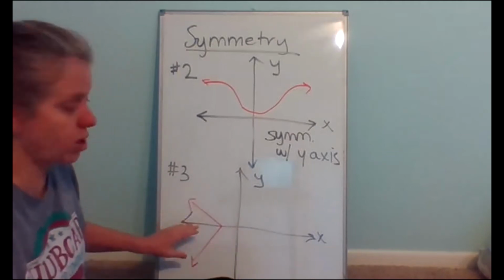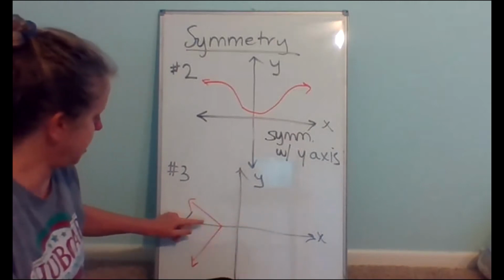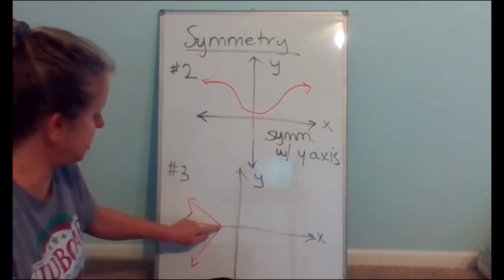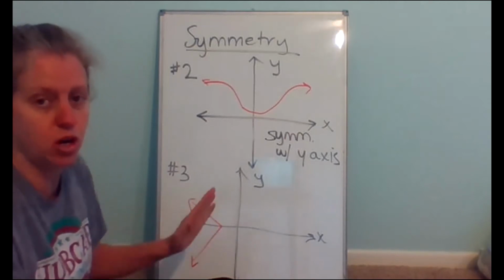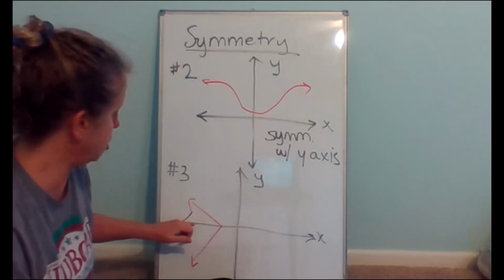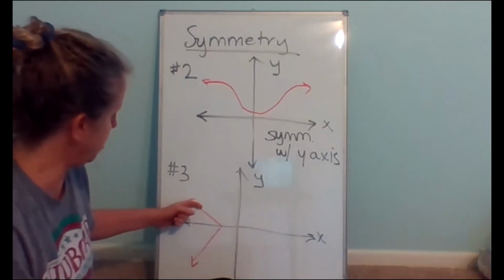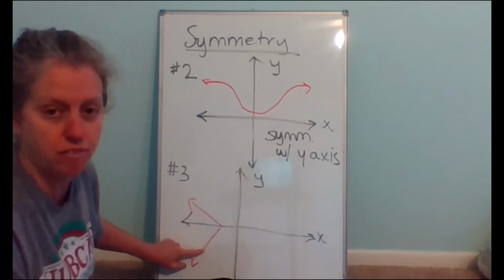On number 3, here's my x-axis. Again, this side of the x-axis mirrors the bottom side. The top and the bottom mirror each other. In other words, if you could fold this like a sheet of paper, this part of the graph would come and lie on this part of the graph.